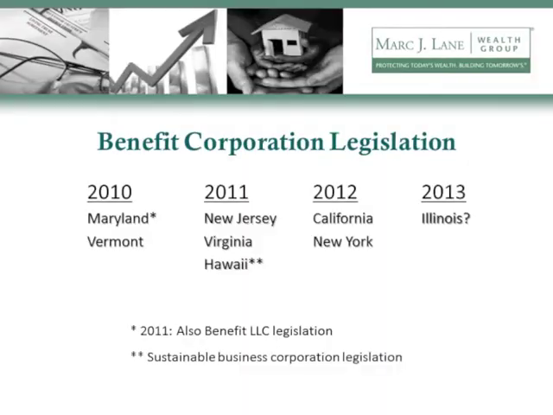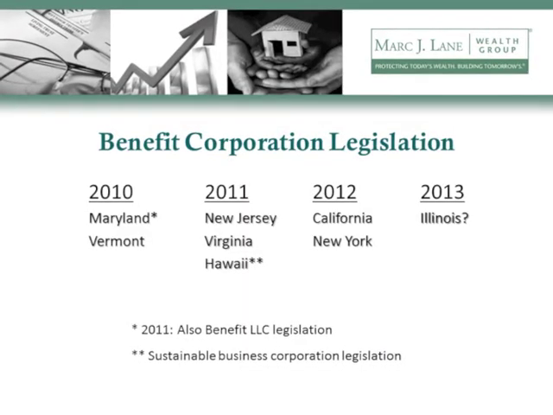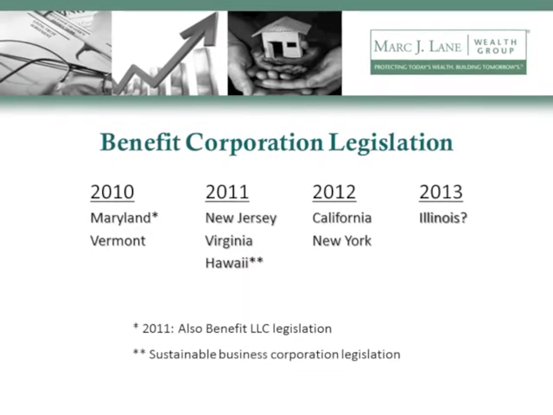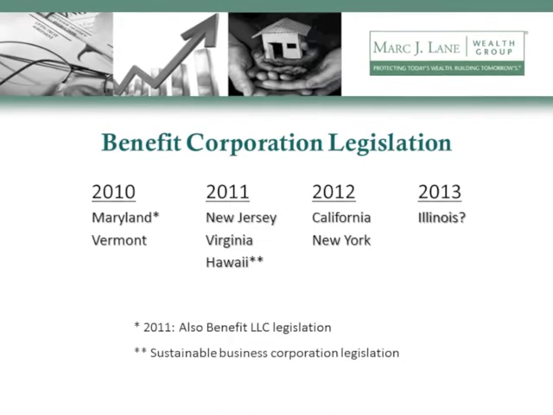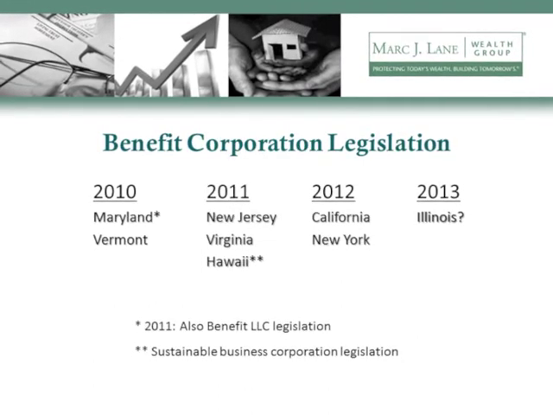So we're seeing all kinds of emerging social enterprise forms, the L3C, the benefit corp. We have a benefit LLC now in the state of Maryland. So when Maryland enacts an L3C law, which it's not yet done, we can have a benefit L3C in the state of Maryland.